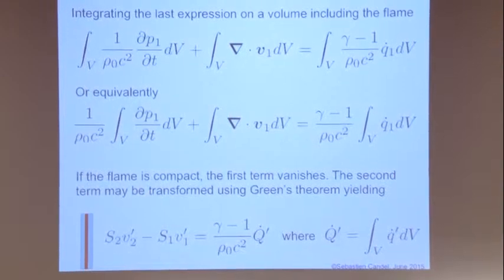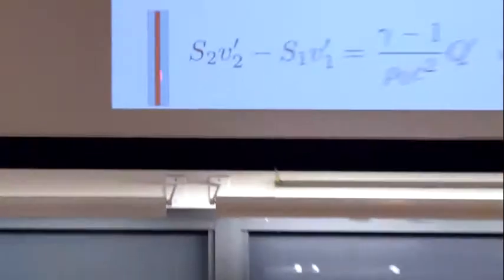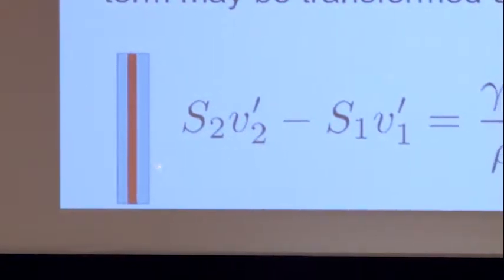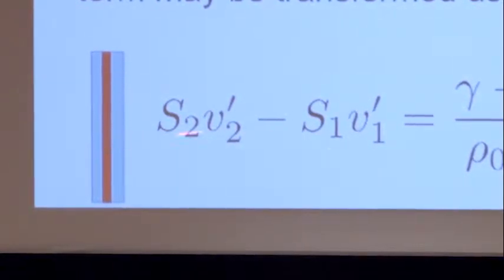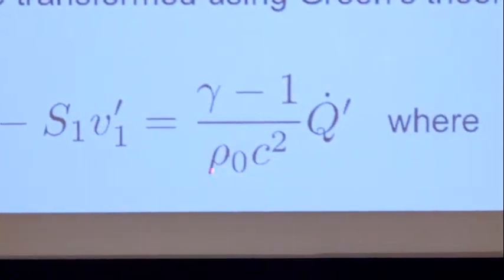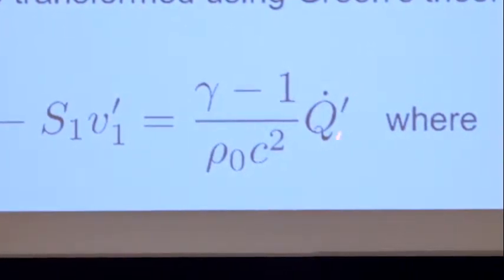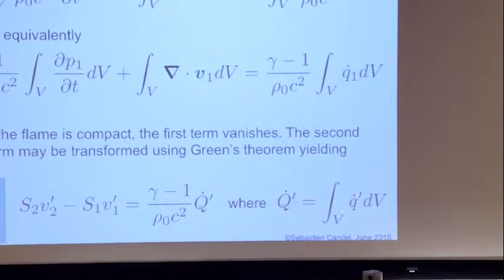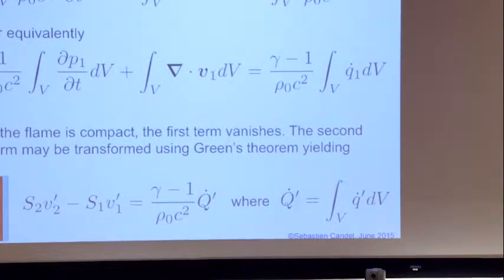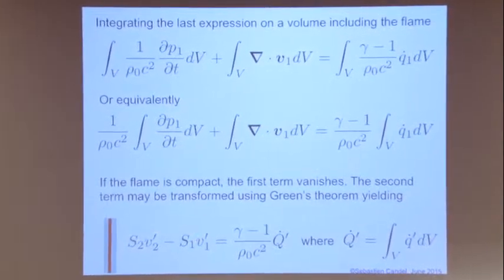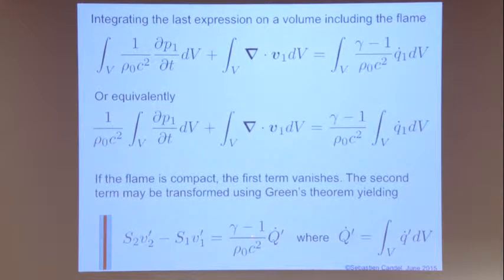And so this will give just the surface multiplied by the velocity fluctuation on this side minus the surface multiplied by the velocity fluctuation on that side. And here what we have is gamma minus 1 over rho c squared q dot prime. Q dot prime is the fluctuation of heat release integrated over the volume which comes in here. So the difference in volume flow rate across the flame is given by this quantity here. So that's a nice result.